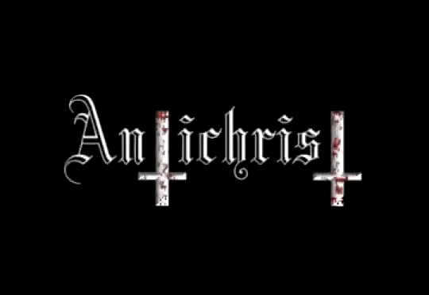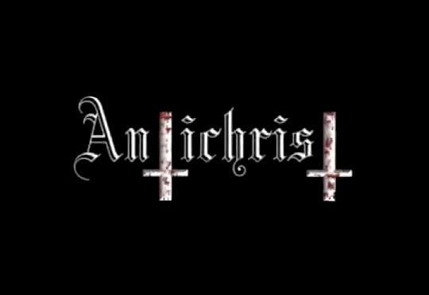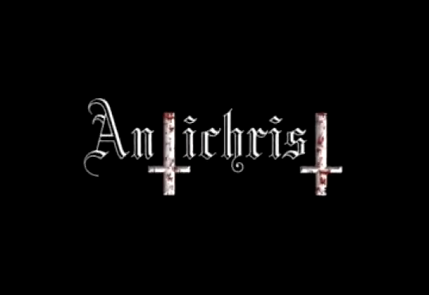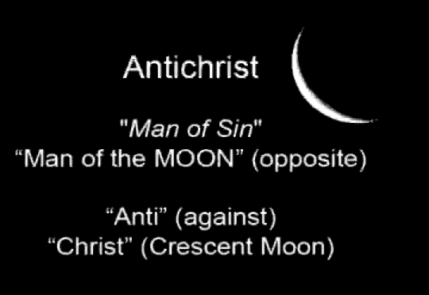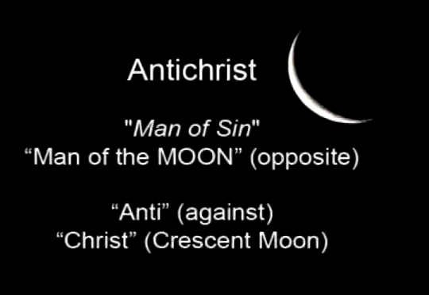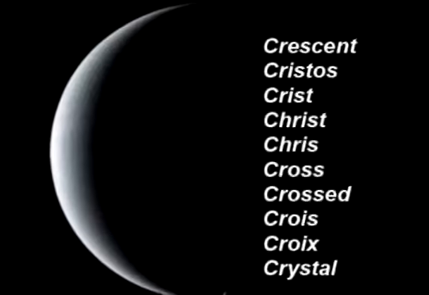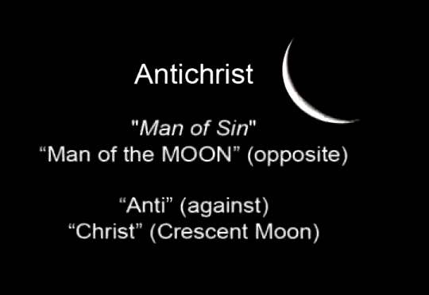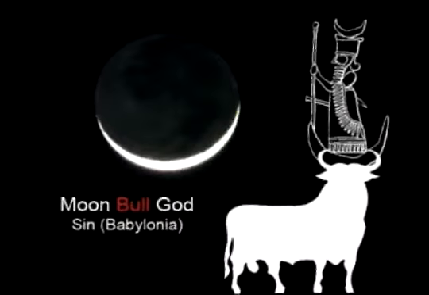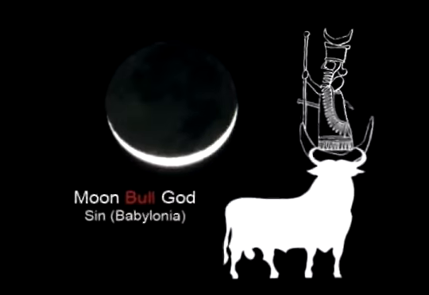And notice the upside down crosses, because they're showing you the dualistic principle of as above, so below. Anti means against, and Christ is the crescent of the moon, which is why the Antichrist is known as the man of sin, and sin is the moon.